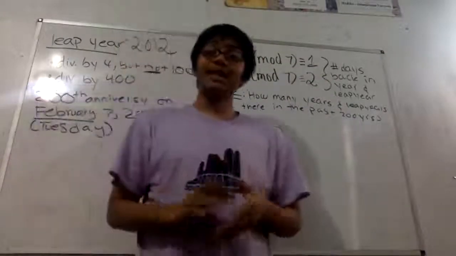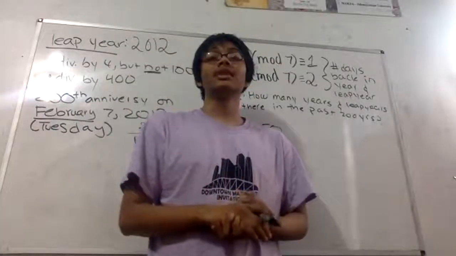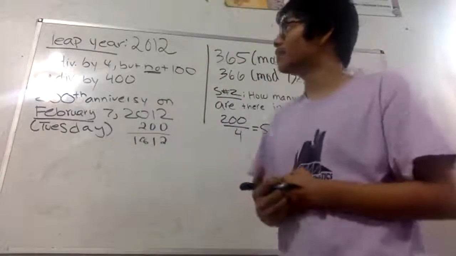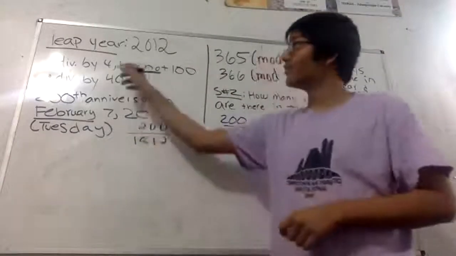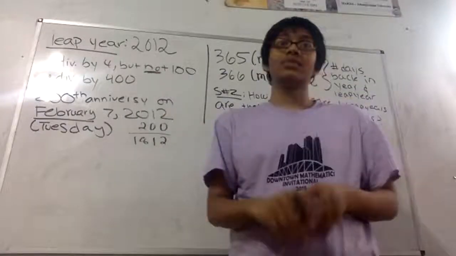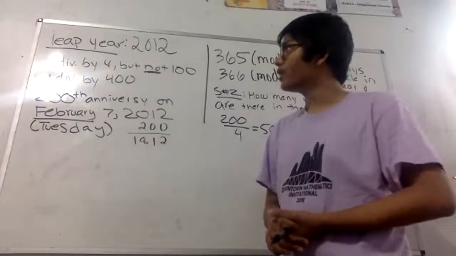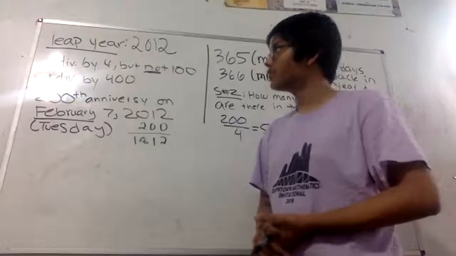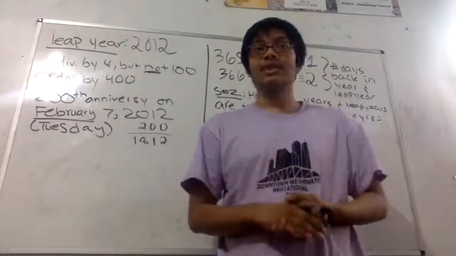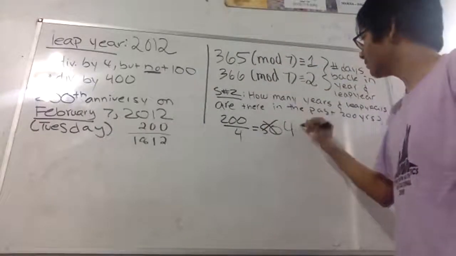So one mistake a lot of people make at this stage is that they forget 1900 actually is not a leap year. Well, why is that? Because 1900, while it is divisible by 4, is divisible by 100. So it is not a leap year. And instead of 50 leap years, we'll have 49.